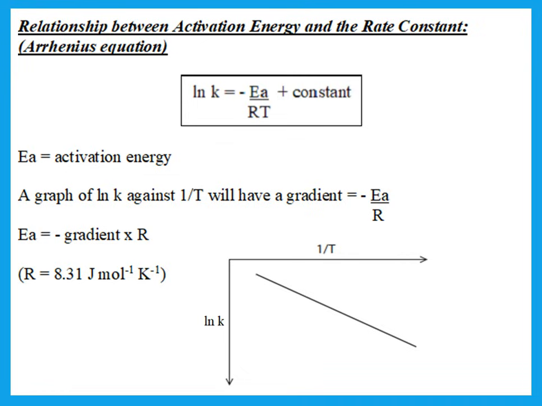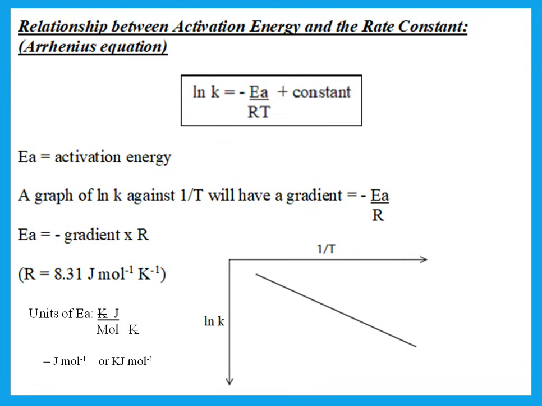So the graph looks like this. It's a negative gradient. So if you get the gradient of this, from the equation up there, the gradient is minus EA over R because you're plotting ln K versus 1 over T. So the gradient is minus EA over R, and I can use that to get EA.